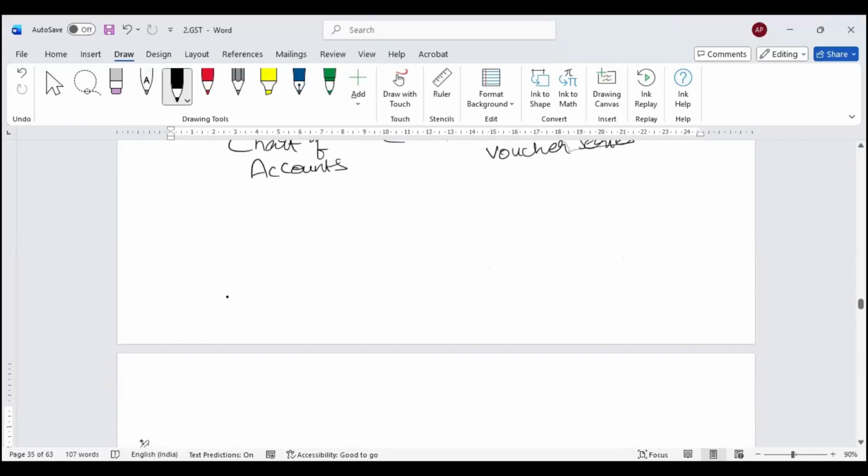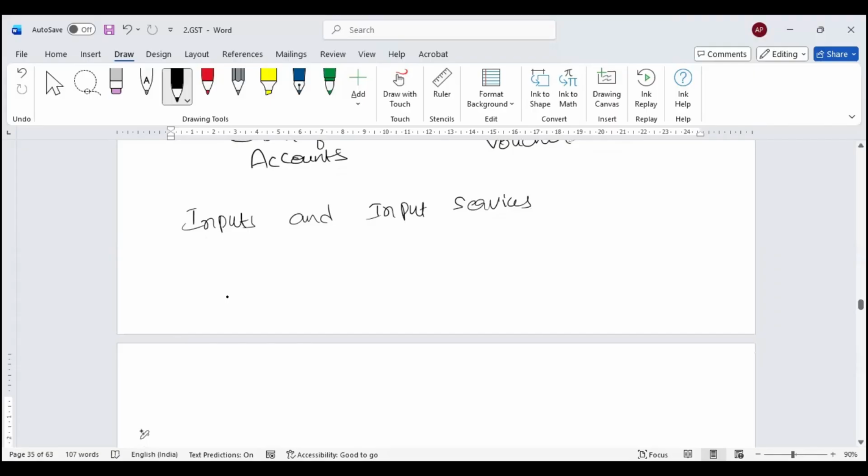This is with respect to your inputs and input services. Before I move into capital goods, let's take the example of a motor car, then say plant and machinery.